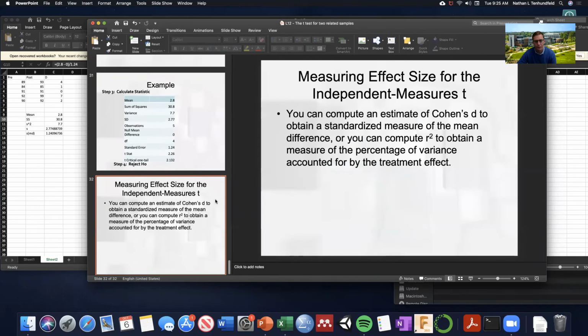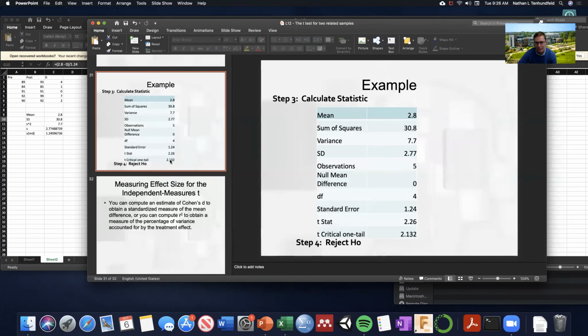All right. So you can also compute an estimate of Cohen's d to obtain that standardized measure of mean difference, or you can compute that r squared again to obtain a measure of the percent of variance accounted for by the treatment effect as we did before, right? So Cohen's d is just the average difference over that standard deviation, right? And so in this last example, that average difference is 2.8.